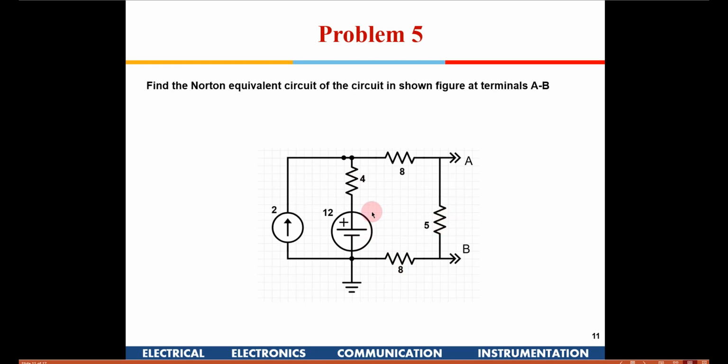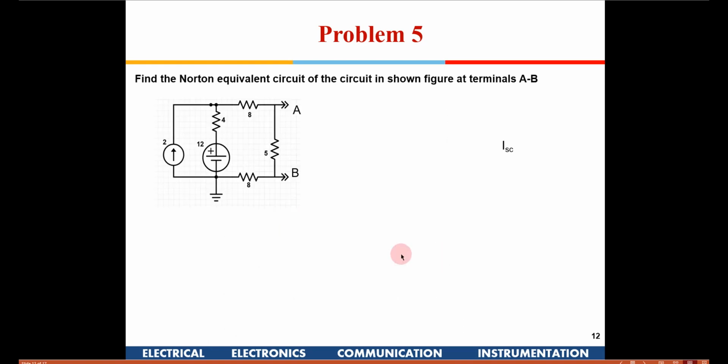Similarly, if I have to find the short circuit current, I remove this 5, this will become a short out here, and then I can use the superposition theorem. That will be the easiest method if I just short it here. These equations we should be able to write in one go.